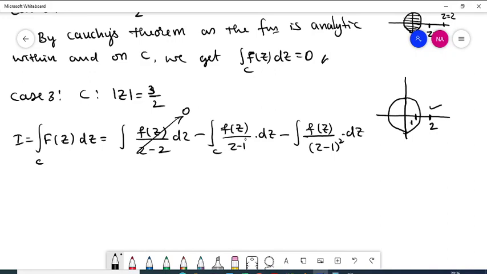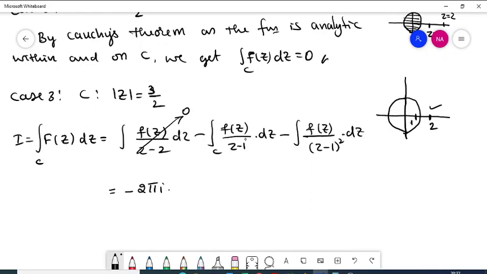So f of z divided by z minus 2, that integrand, will be analytic at all the points within and on the boundary of C. So it will be 0. So this will be minus 2 pi I into f of 1.